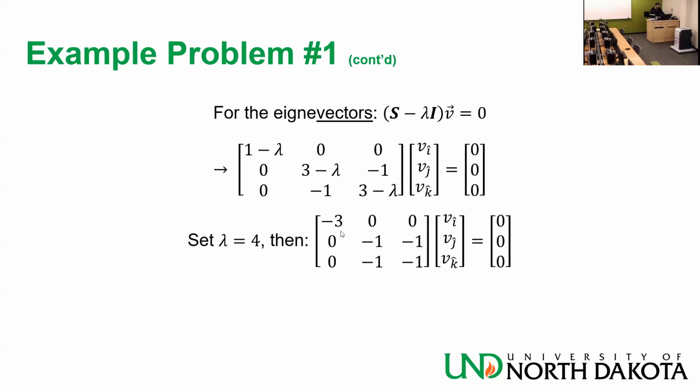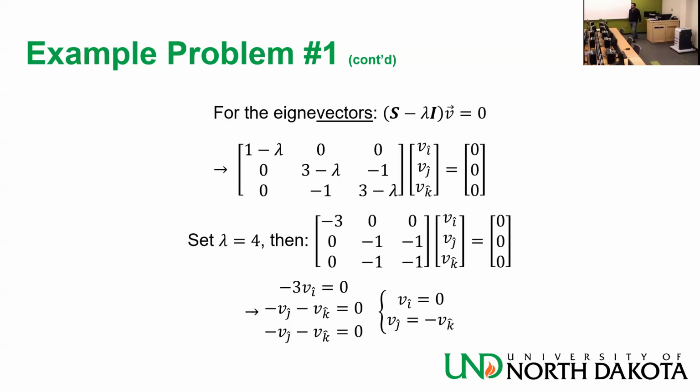I apply lambda equals 4, and then I get 3 equations. From those equations, I get minus 3Vi equals 0, minus Vj minus Vk equal to 0, minus Vj minus Vk equal to 0. So what I see here is something very common in linear algebra that I forget off the top of my head how they call it.